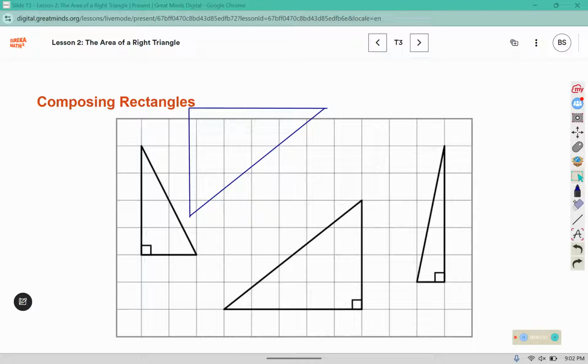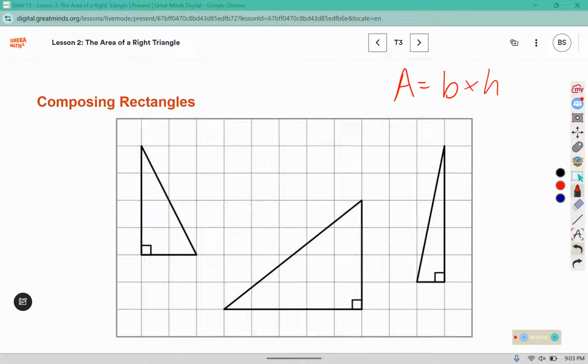So what do you think the formula for the area of a right triangle is? In the previous lessons, we looked at rectangles and parallelograms as base times height. Well, this has a base of 5 and a height of 4, but it doesn't make a complete rectangle with a base of 5 and a height of 4.